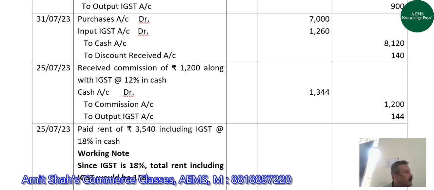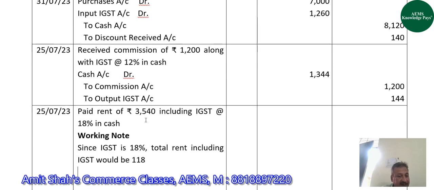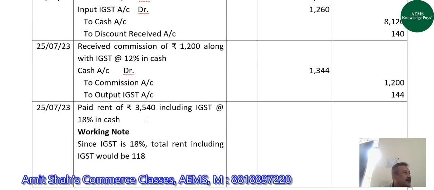If rent is 100, and 18% of that is IGST, then the total amount you'll be paying is 118. 100 plus 18. 18% of 100 is 18 only. Are you getting my point? Guys, do you both understand this? Sure? If rent is 100 rupees and GST of 18% is charged on that rent, how much total amount will we pay? 118. Rent of 100 rupees and 18% of 100 is 18 only, so 118. Is it clear?